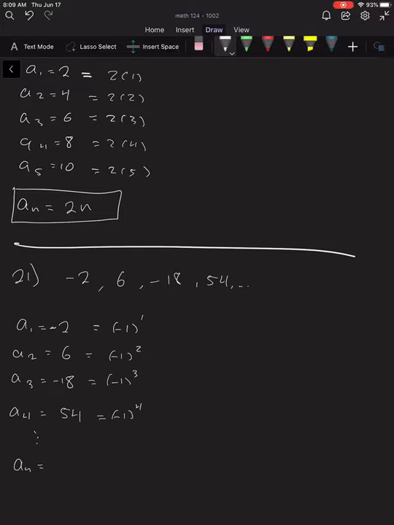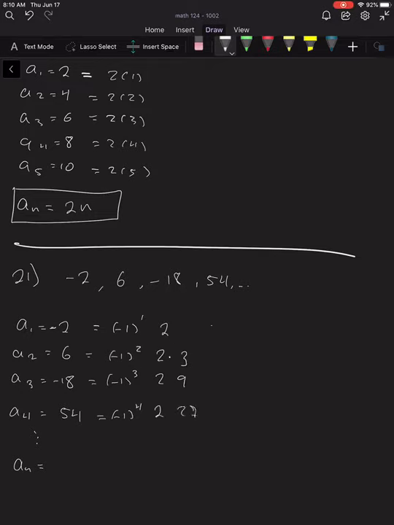So we can write this. 2 can just be written as 2. 6 is going to be 2 times 3. 18 can be 2 times 9. And then 54 is 2 times 27.